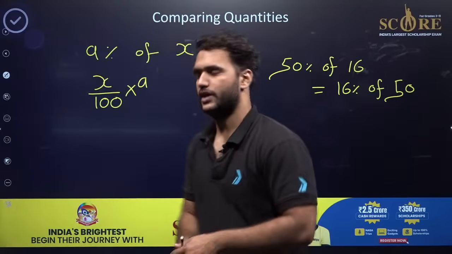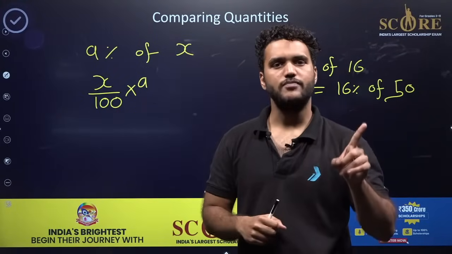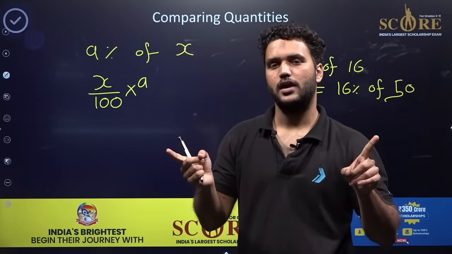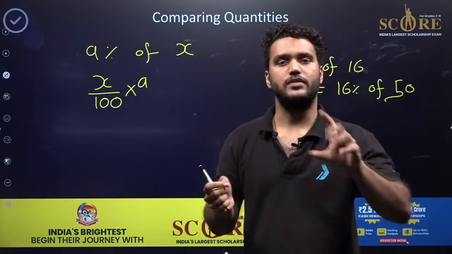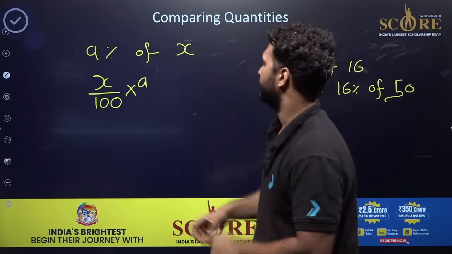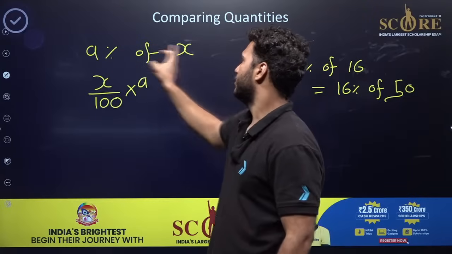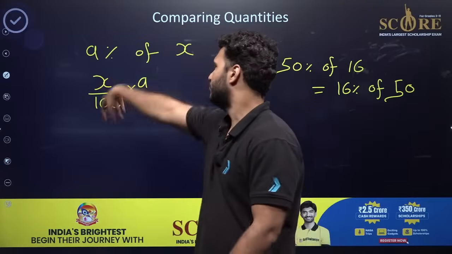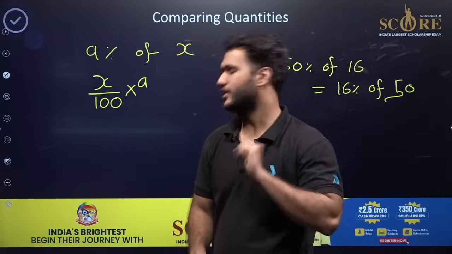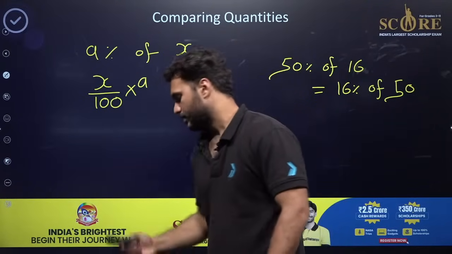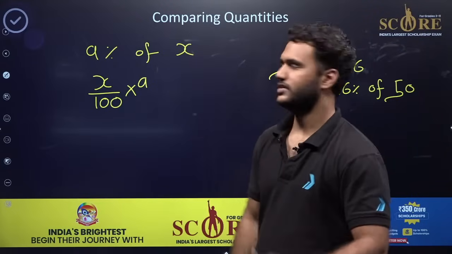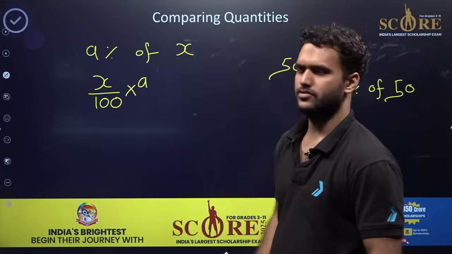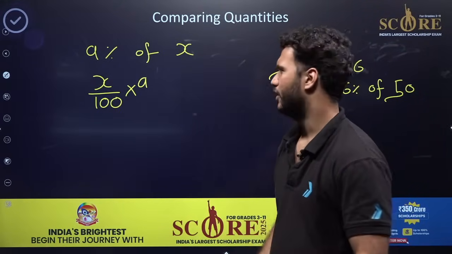Whenever I ask a question, like 5% of 5 lakh and 5 lakh percent of 5, they are both the same number. A% of x and x% of A will come out to be the same number because of this formula. This is not related to your study right now, so just forget it. It was just a fun fact. If you understand it, it's totally fine. If you didn't, just leave it for now.